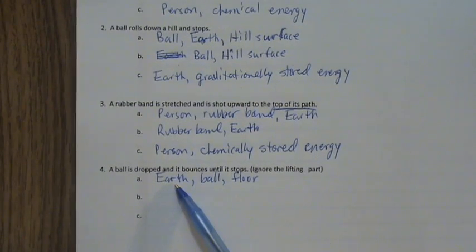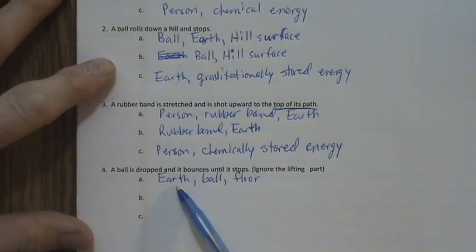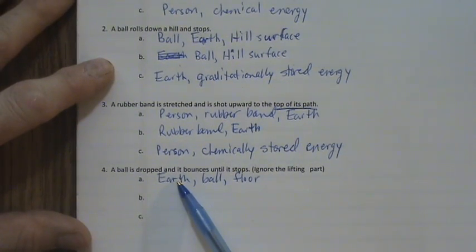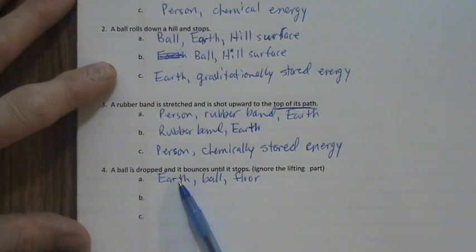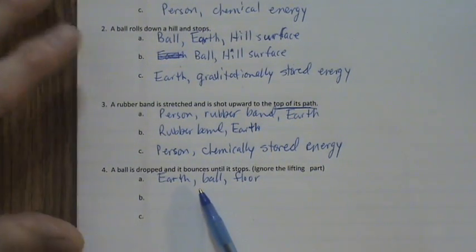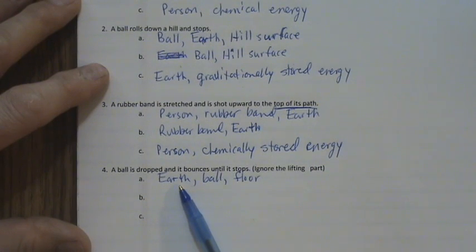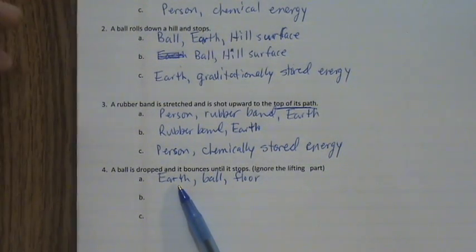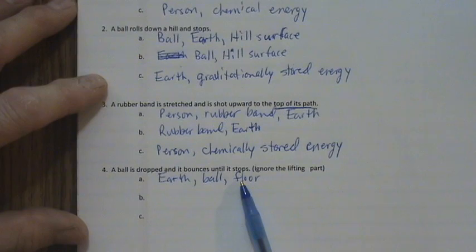The earth is going to be involved with the gravitationally stored energy of the ball initially, which is going to change as the ball falls, but the floor is definitely going to change the motion of the ball also. So the earth and the floor are two different things. The earth is having the gravitationally stored energy making the ball fall down. The floor is what's pushing the ball back up again.